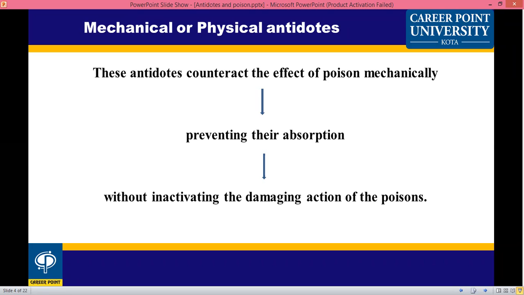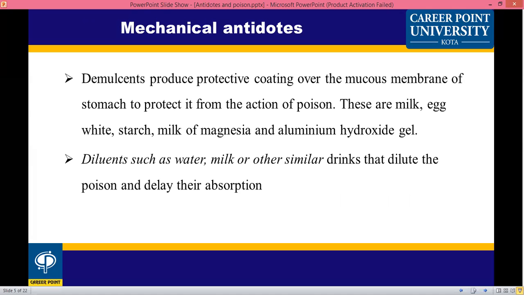These mechanical antidotes are demulcents and diluents.